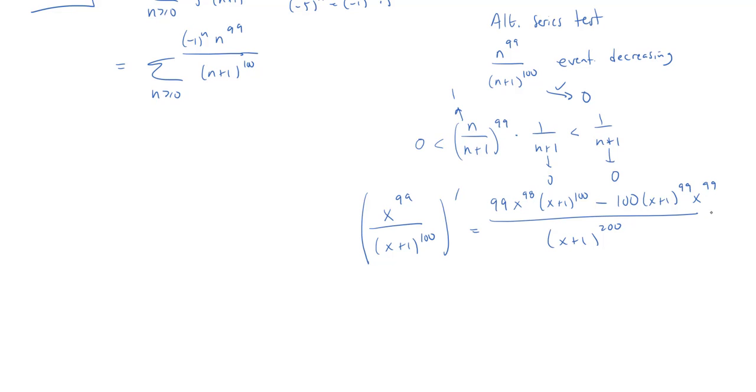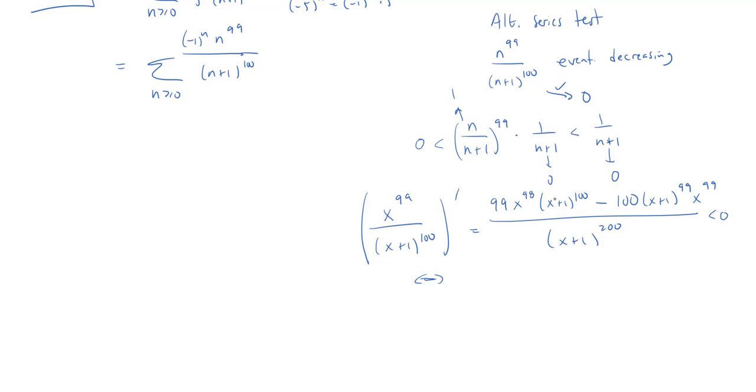So this is going to be less than 0, which would mean my function is decreasing, if and only if, well, the denominator is always positive because I have an even power. So I'm going to know that this fraction is negative if and only if the numerator is negative.